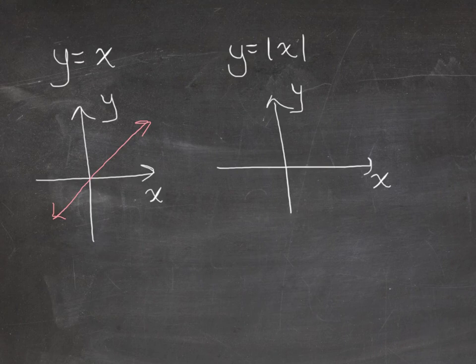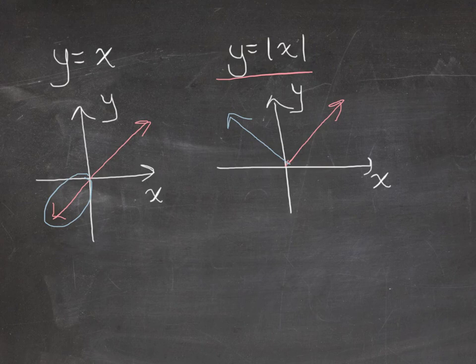So it'll have to be in the positive y range because I can never end up with a negative value here for y in this equation. So I still have this piece over here on this side, and then the stuff from below the x-axis is going to bump up and it's going to look like a V.